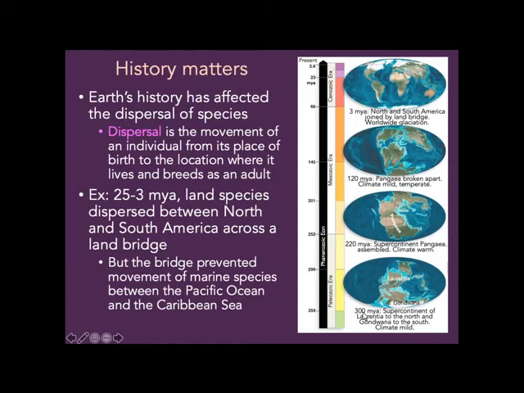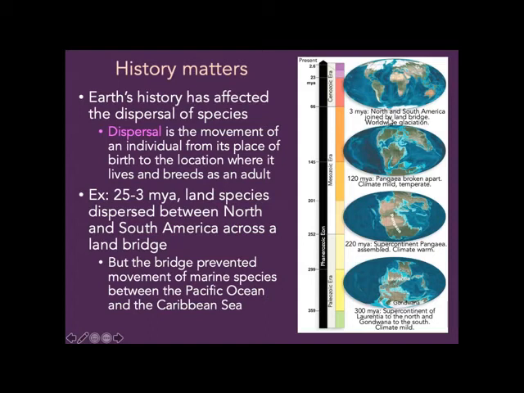So around 300 million years ago, around here, there was a supercontinent called Laurentia to the north, over here, and another supercontinent called Gondwana to the south. Both of them had a fairly mild climate. By 220 million years ago, the two had merged together to form the supercontinent Pangaea, and the climate was pretty warm at that point. 120 million years ago, Pangaea broke apart, and the climate was mild to temperate.